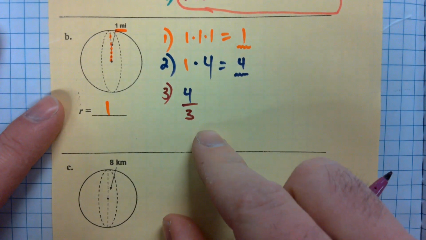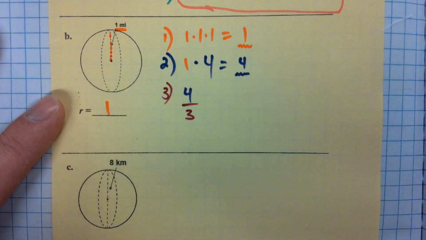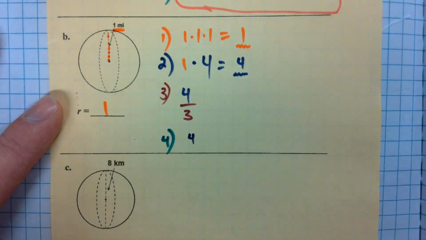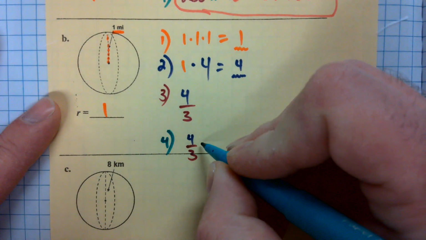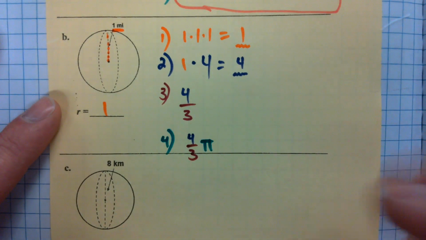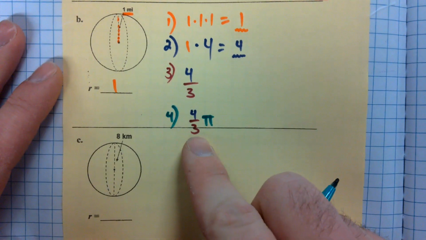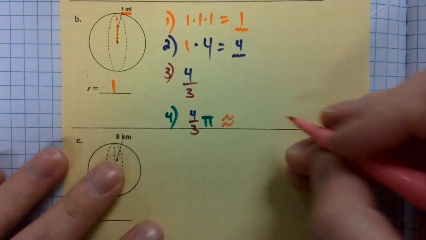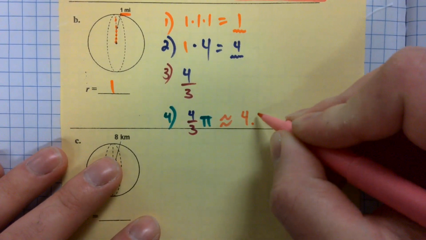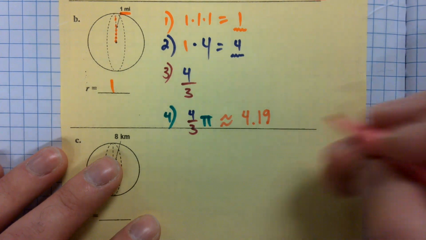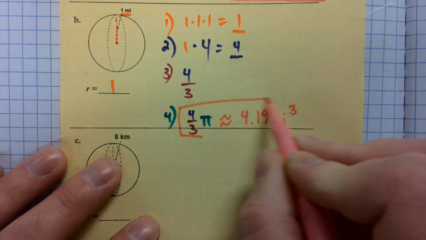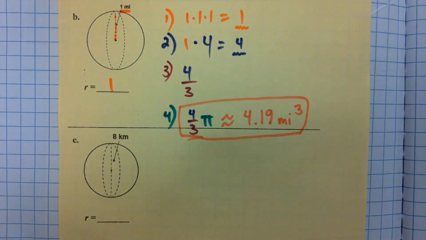Can we simplify 4 over 3? Nope. So we'll just leave it as 4 over 3. And what do I do with 4 over 3? Multiply it by pi. There's my exact answer. I plug that in the calculator and get what? 4.19. What are my units? Miles cubed. And again, this whole step is our answer.